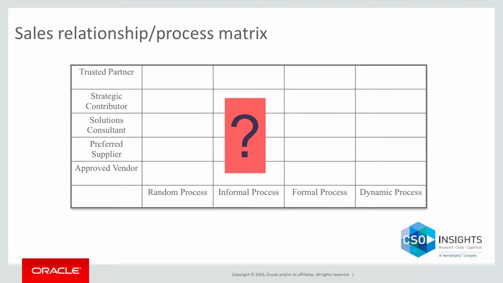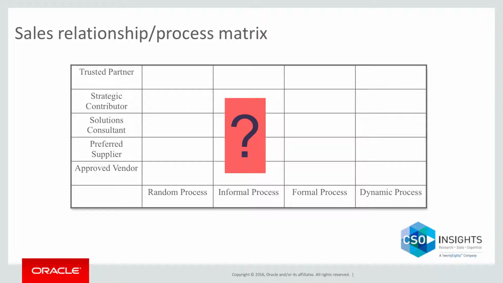Where is your organization on the matrix today? I'll just take a moment to think about that. And then the second question is, where you need to be 2 to 3 years from now? When we ask sales execs about this over and over again, the answer is that we need to be moving over and up in the matrix.